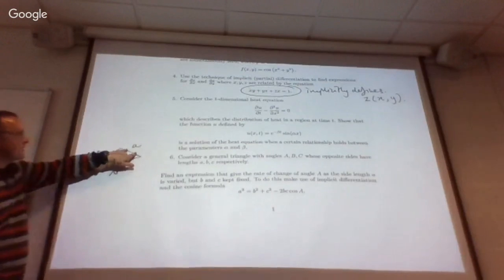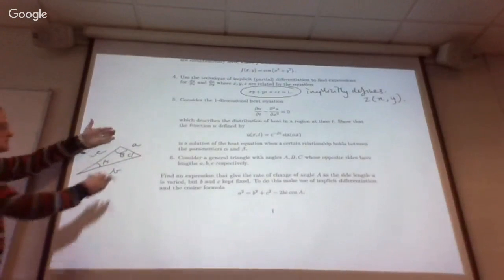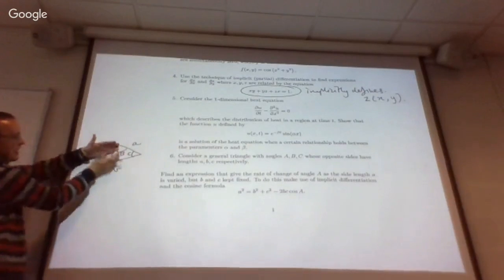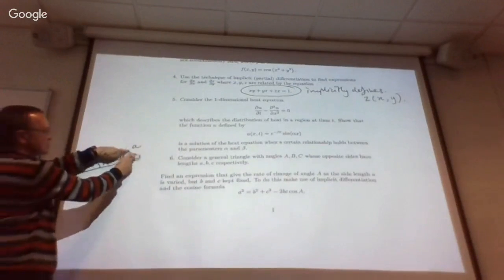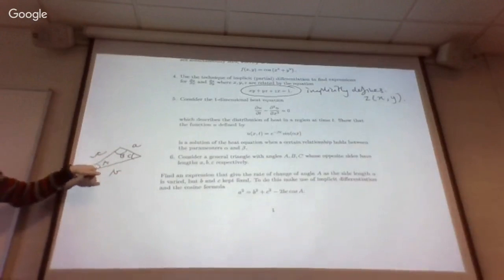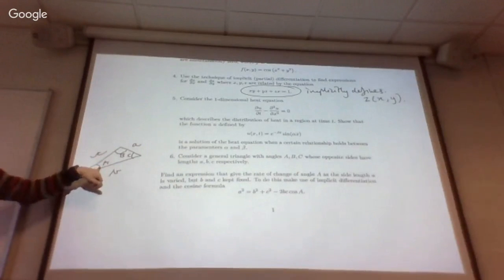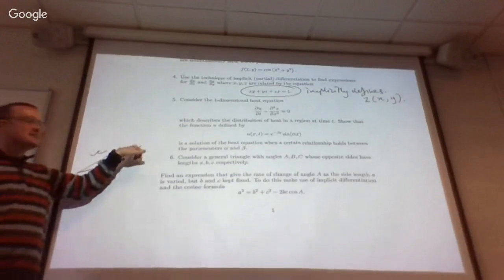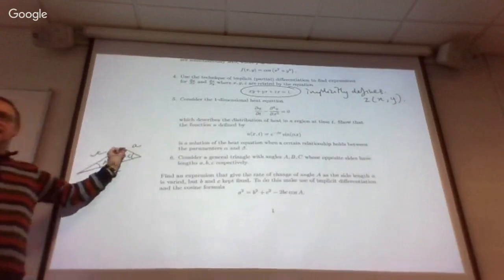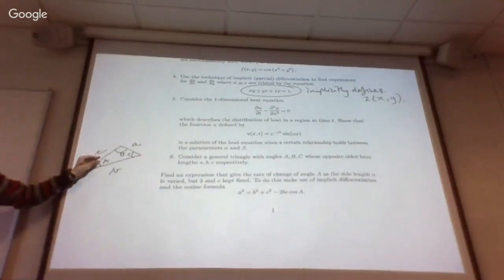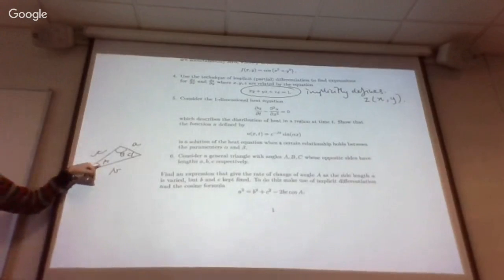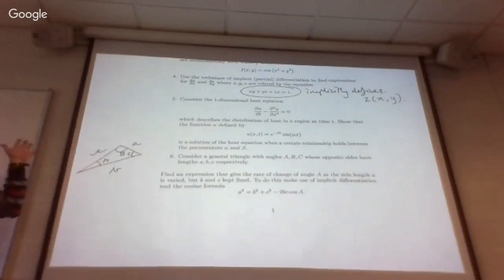Now that's going to induce some kind of variation in the length of side a. So keeping it a triangle, but opening up b and c by expanding or contracting the length of side a, can we determine what the rate of change of the angle, capital A, is as the side length, little a, varies? So obviously as you shrink side length a, the angle A is going to shrink. As you expand side length a of the triangle, the angle A is going to increase as well.